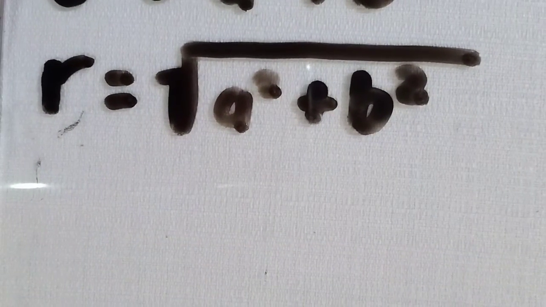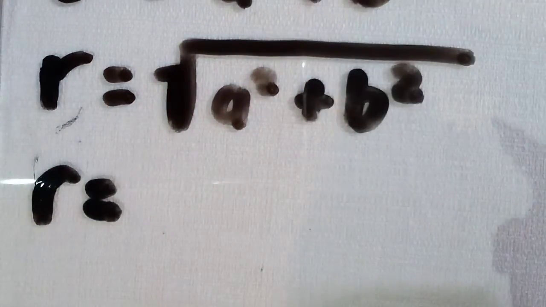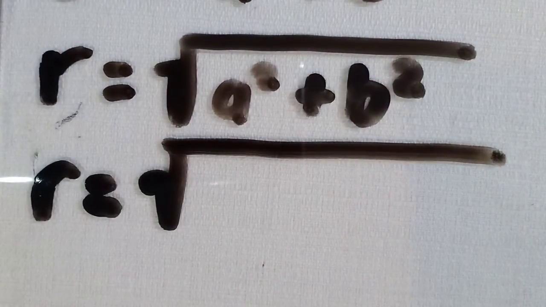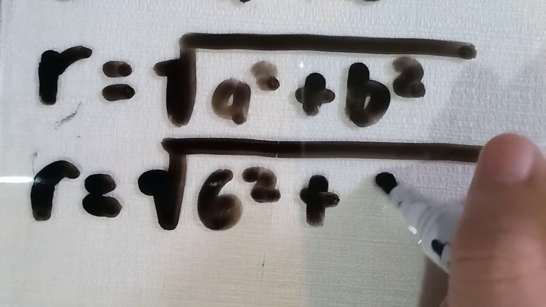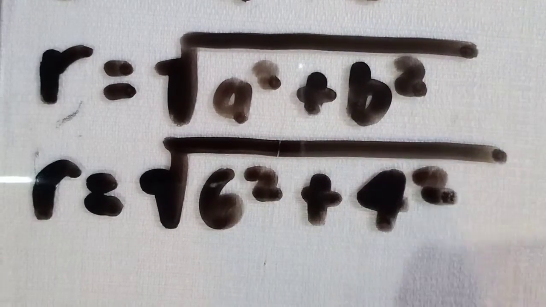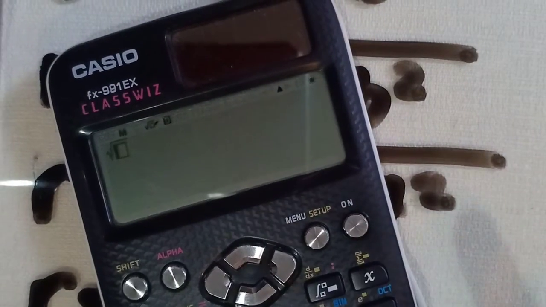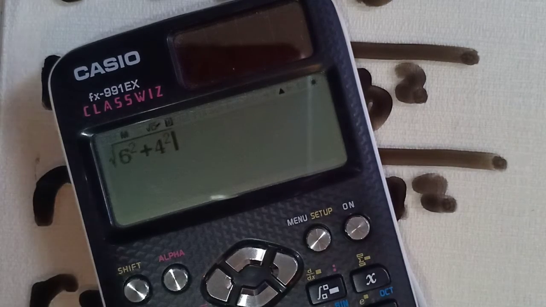So R is equal to square root of A squared. Let's say 6 squared plus 4 squared. R is equal to square root of 6 squared plus 4 squared.